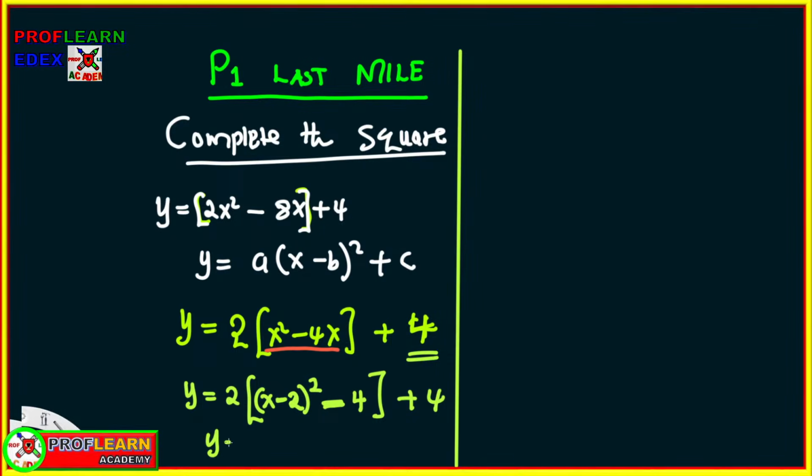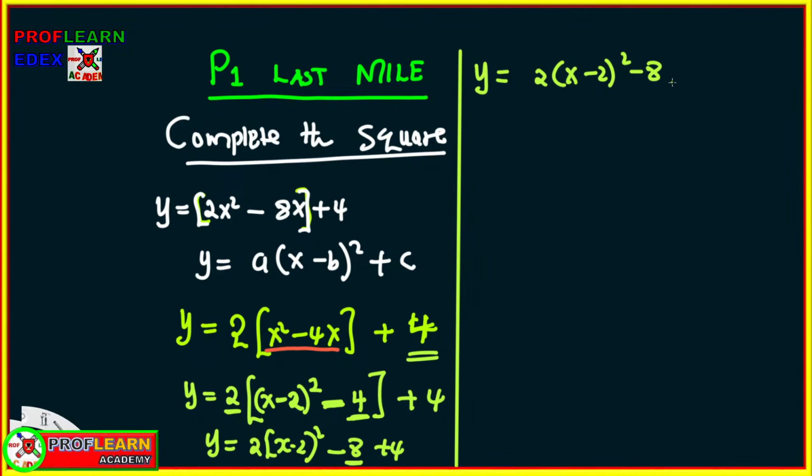So that becomes y is equal to 2 into x minus 2 squared minus 8 plus 4. Minus 8 is coming from multiplying this and this to give us minus 8. And finally, the final equation becomes 2 into x minus 2 squared minus 8 plus 4, that's going to be minus 4.